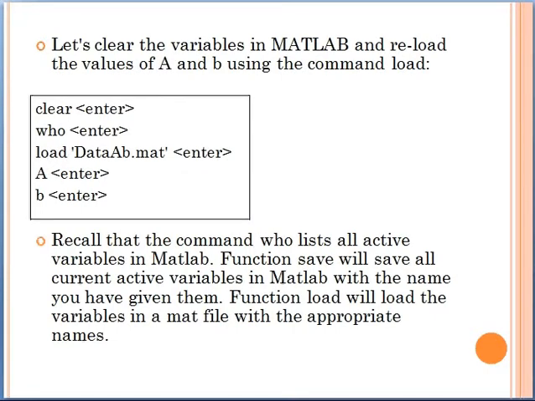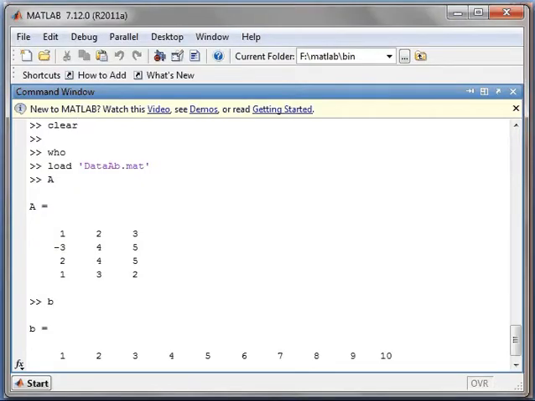Now let's clear the variables in the MATLAB and reload the values of A and B using the command load. Here I am reloading the value of A and B. I have written clear, then who command give. Then load data ab.mat. It is a file name in which variable A and B are stored.